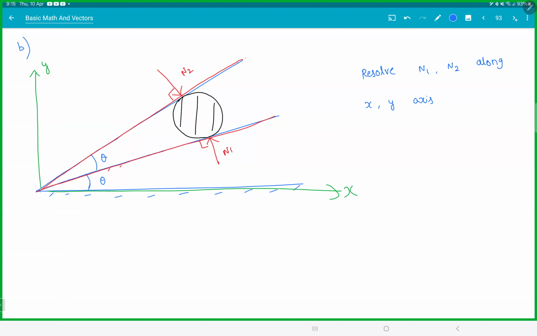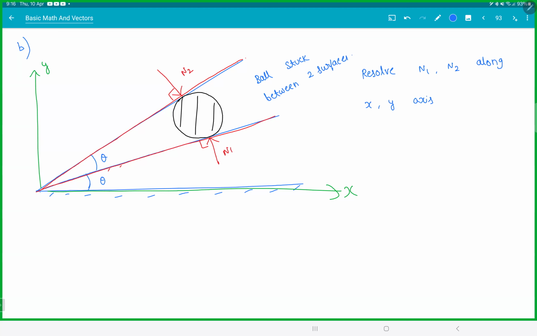So we have a ball which is stuck between two walls like this. How will you find the angles?